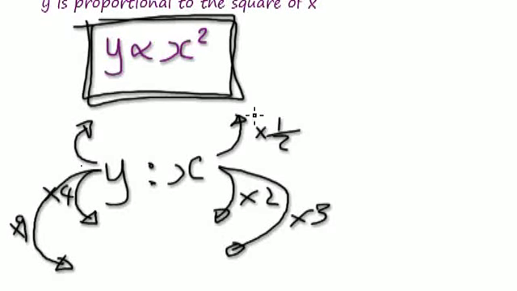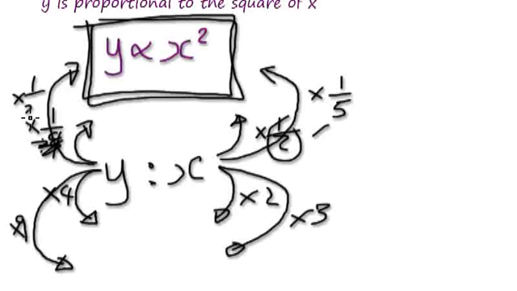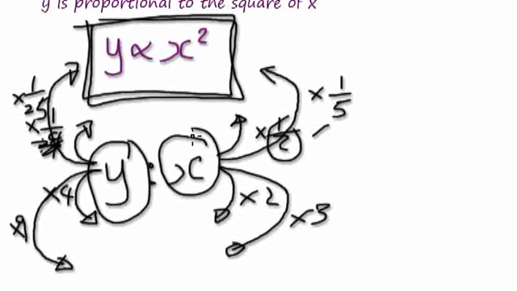Well, if you divide this by 2, then you've got to divide this by 4, or you can think of it as timesing a half, or timesing 1 over 4. Okay, if you divide this by 5, then on the y side you've got to times this by 1 over 25. You see, this y changes a lot more than x.